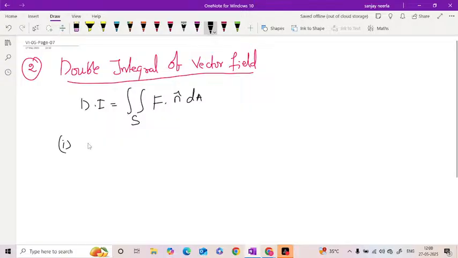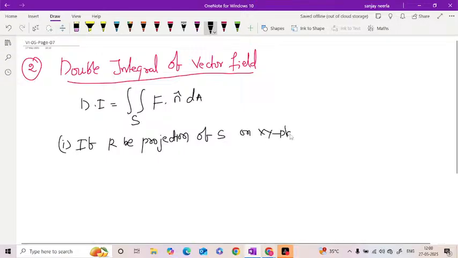So the first one is, suppose the region is the projection of S on the xy plane, then dA is equal to dx dy by mod of n dot k.